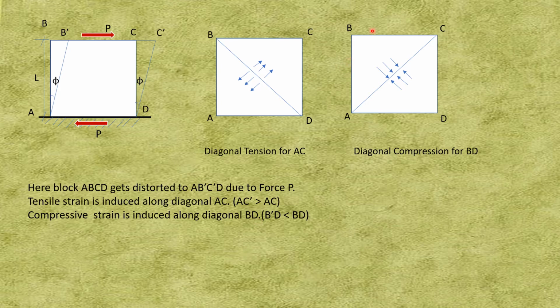Parallel to BD, I am showing these compressive forces, so diagonal compression for BD. So for the diagonal BD, compressive strain is developed, and for the diagonal AC, tensile strain is developed.